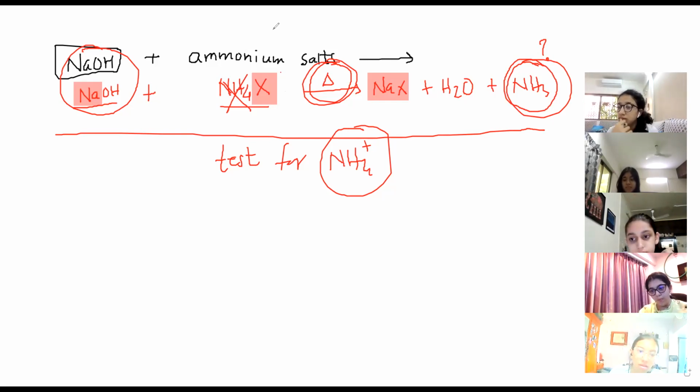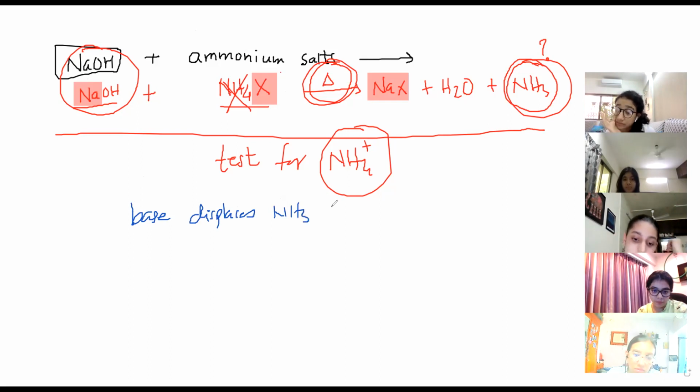Here, majorly, what you need to remember is that the base, which is an alkali, displaces ammonia from ammonium. This is the main thing that you need to remember.